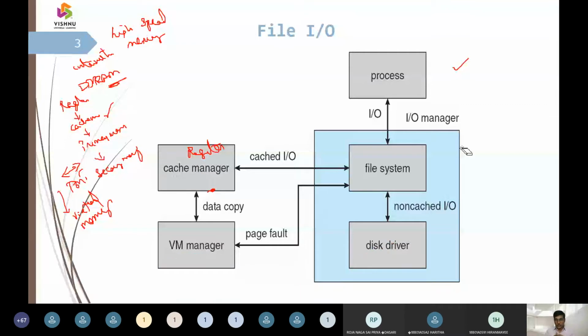That is regarding the virtual memory here, and thereby we are going to have a file system.